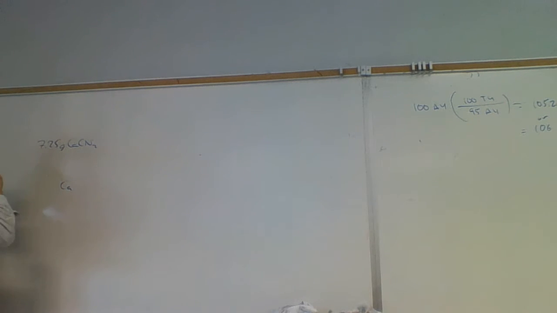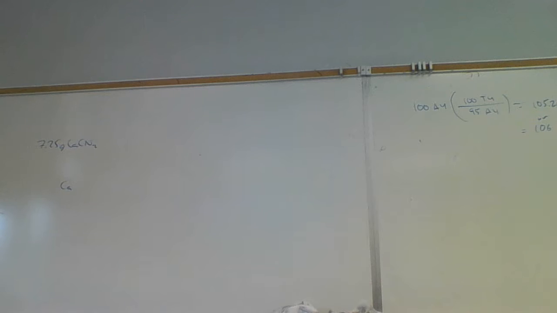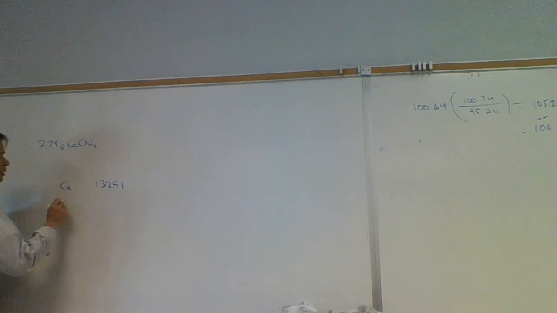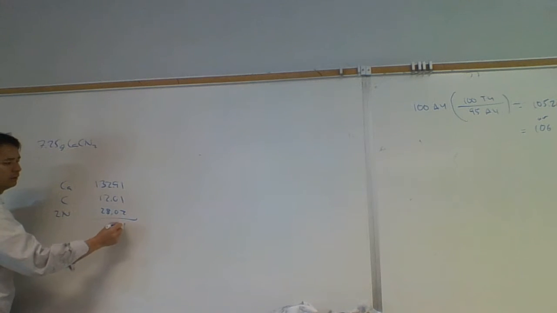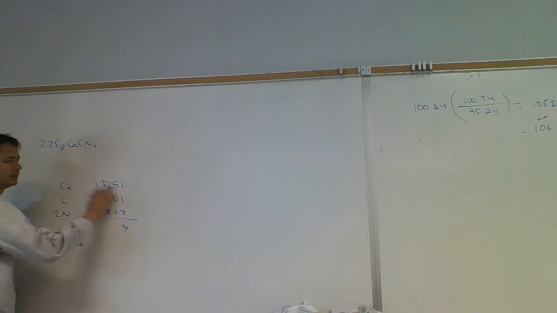So calcium is what? Carbon is 12.01, and then two nitrogens. Nitrogen is 14.01, so this is going to be 28.02. Professor, calcium is 40.078. Oops.